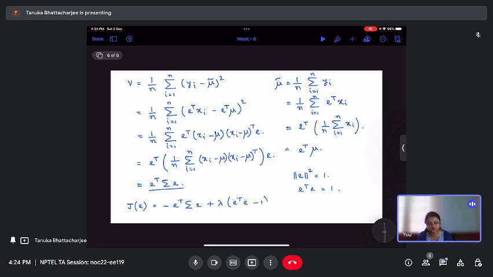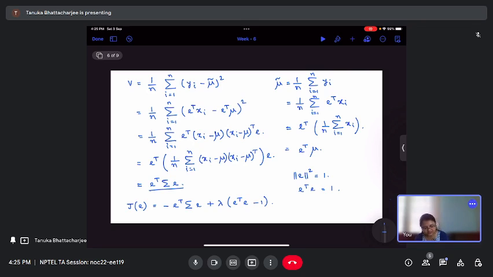So this becomes your final objective function, minus E transpose sigma E plus lambda times E transpose E minus 1. Now it is simple, you will have to select that particular E which minimizes this quantity, so you take the derivative of J of E with respect to E and equate that to 0.